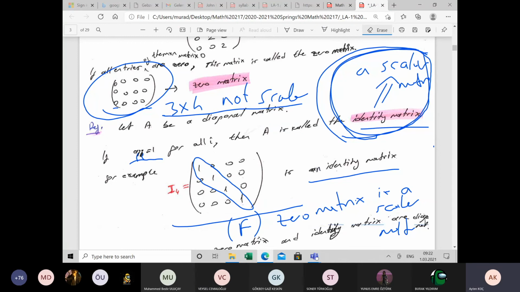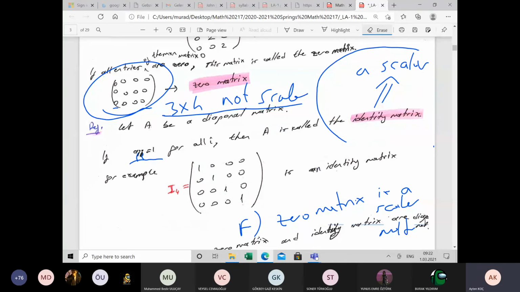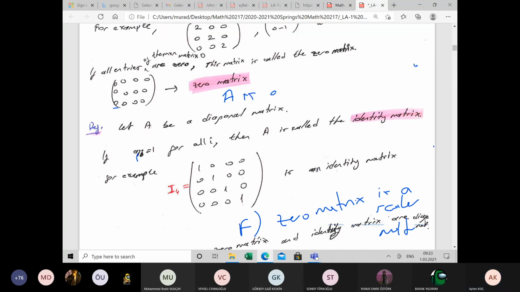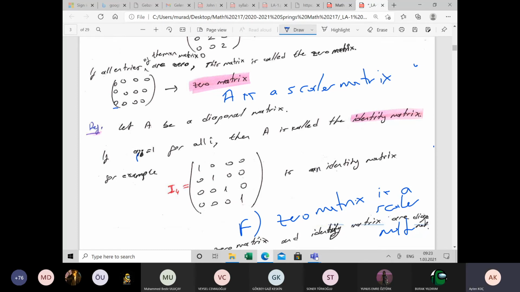So, a natural question. Now, take any scalar matrix, for example A. A is a scalar matrix, so what can you say about A?